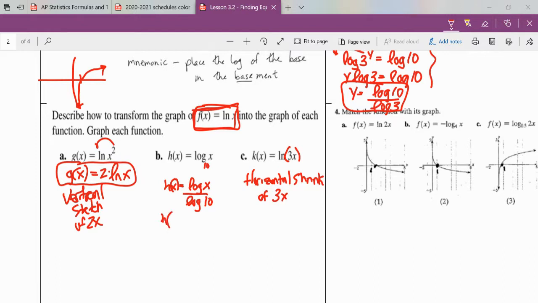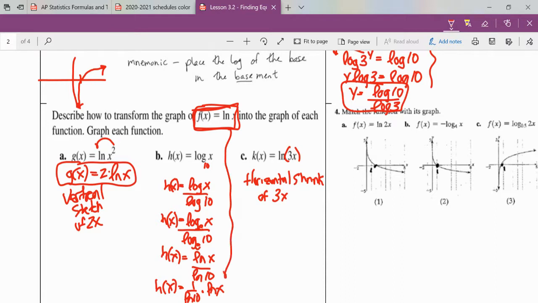So I could convert this using log base e of x all over log base e of 10. So really this is natural log of x over the natural log of 10. And if I rewrite this a little differently, I pull that out front: 1 over the natural log of 10, times the natural log of x.